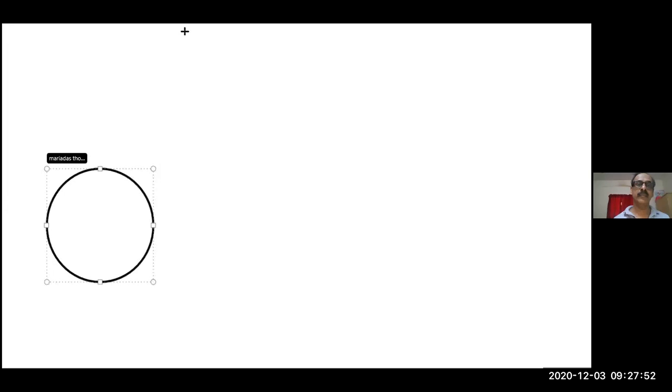Next question. At what height above the Earth's surface does the value of G become half of its value on the surface of the Earth?